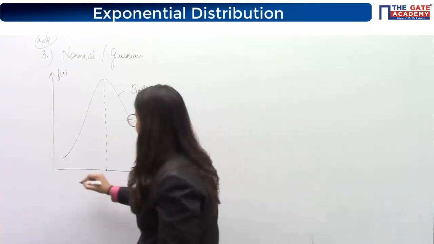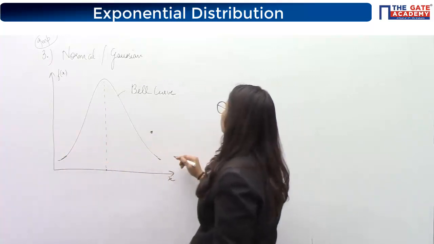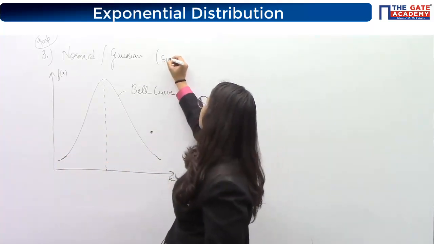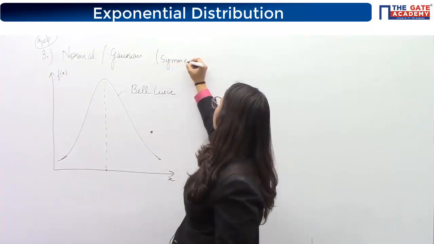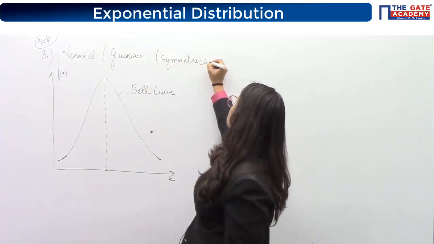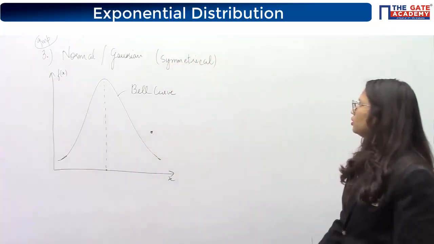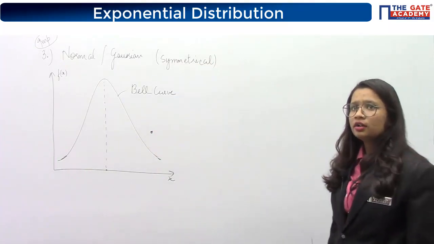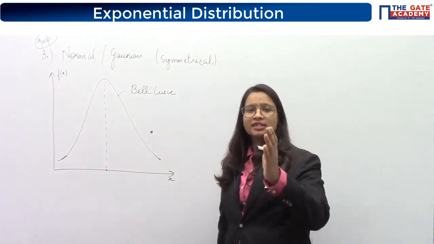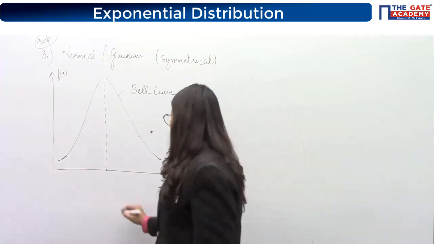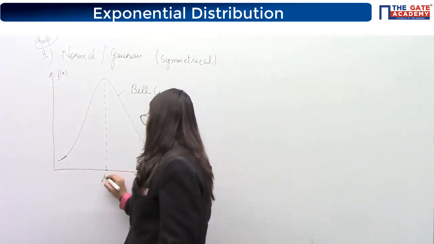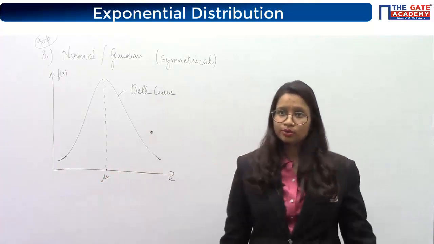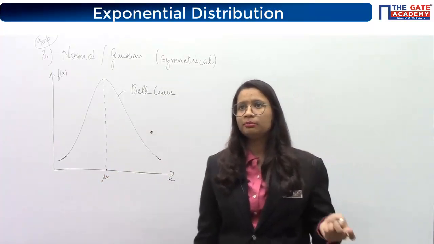I have not been able to draw, but consider it to be symmetrical, because this is a symmetrical graph only. Bell curve is always symmetrical. Okay. So what will this line be denoting? So yes, it's the same as mean, mode, median. We have discussed this. This point is nothing but mean, mode and median, denoted by mu. Okay, mu is denoting your mean, mode and median.